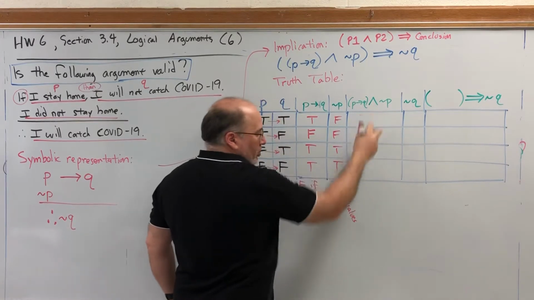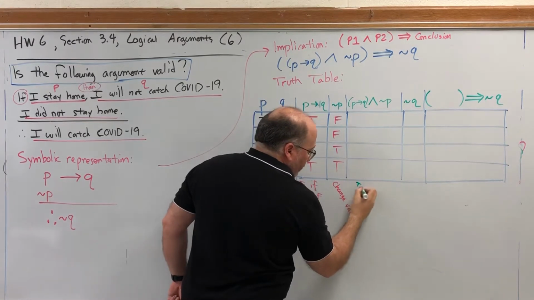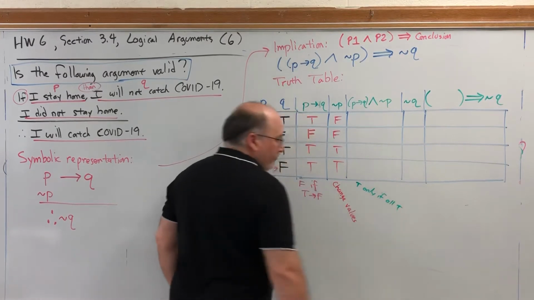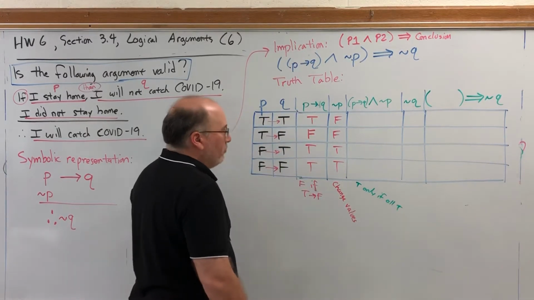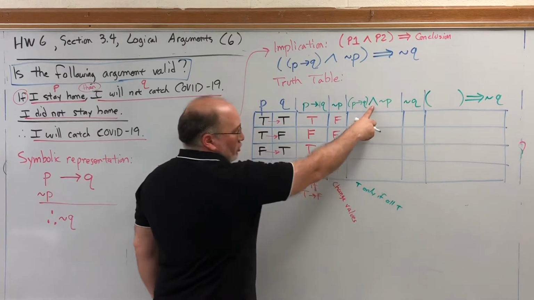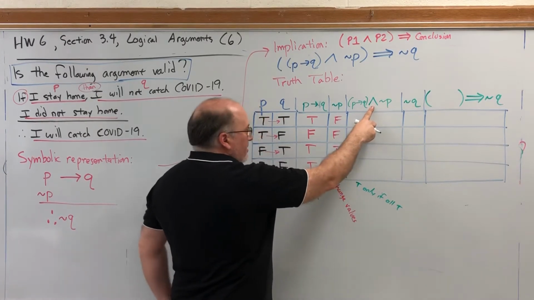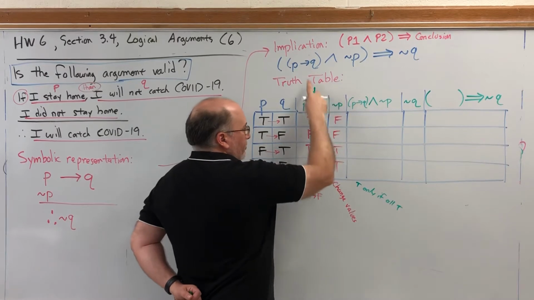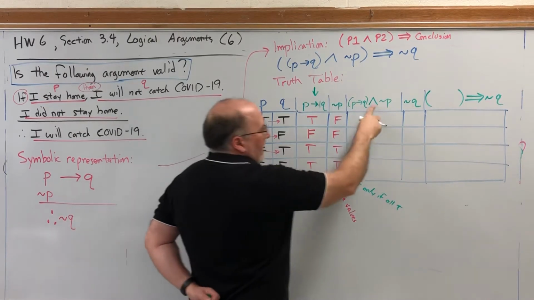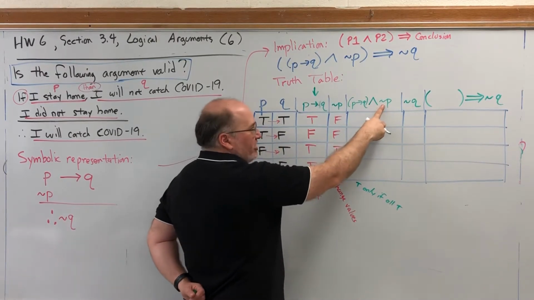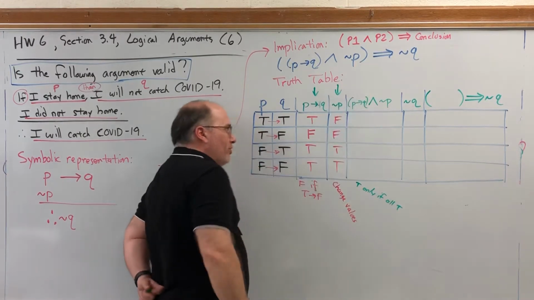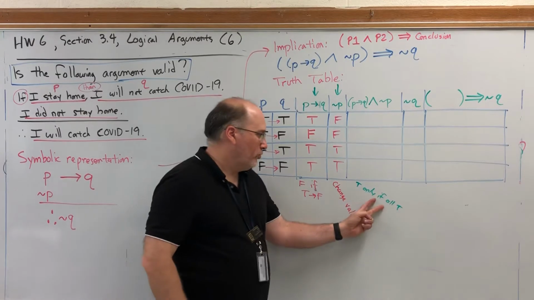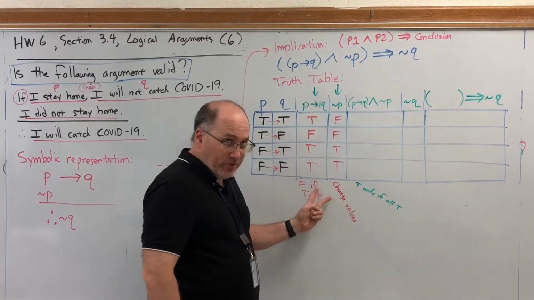The rule for conjunction is it's true only if all true. So that's the rule, and the columns we're applying it to are the column representing the left side, which is the conditional, so the third column, and the column on the right side, which is the negation, so the fourth column. Luckily, the 2 columns that I'm applying this rule to are next to each other.